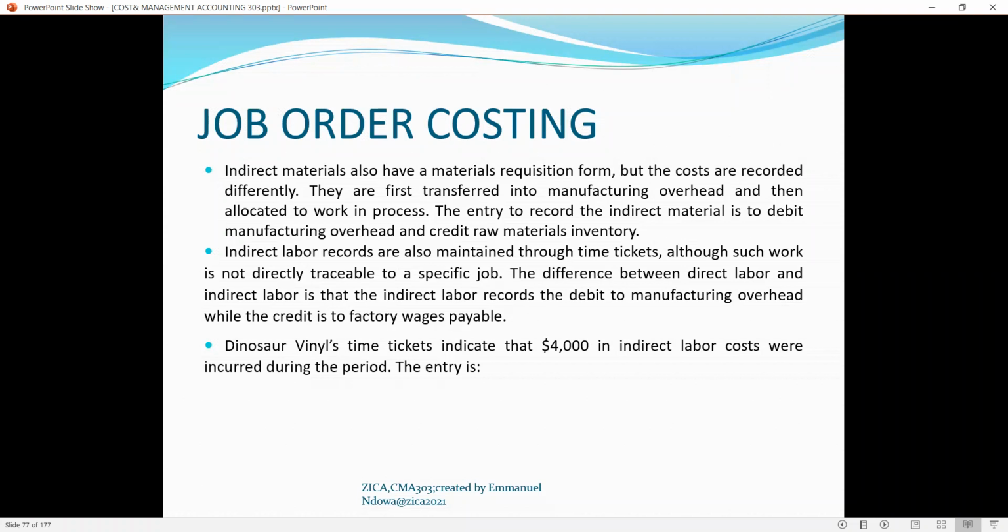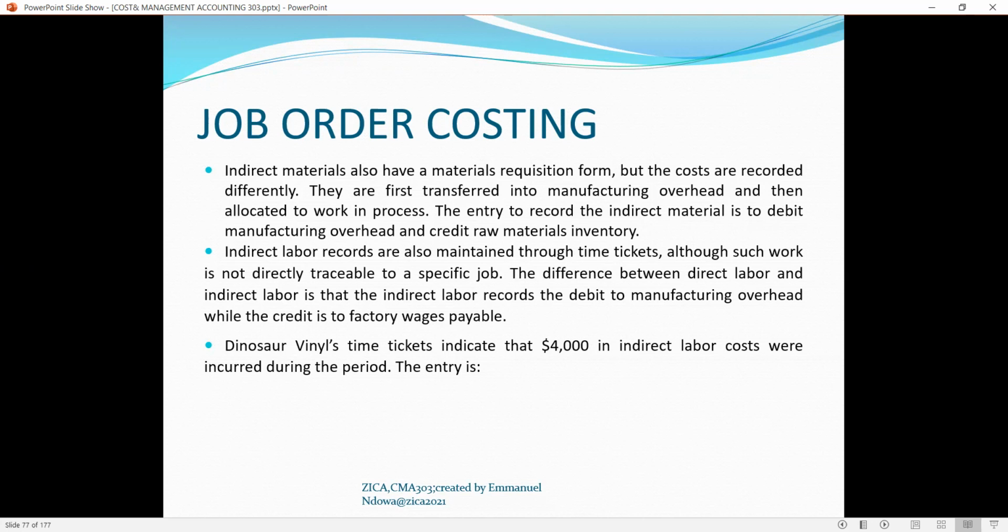It is different to the direct labor or the direct materials, because the wages payable only transfers the direct labor that has been requested by the appropriate department, which is the production of mite markers. But here, the 4,000 is first requested for the whole production unit of stationery goods.